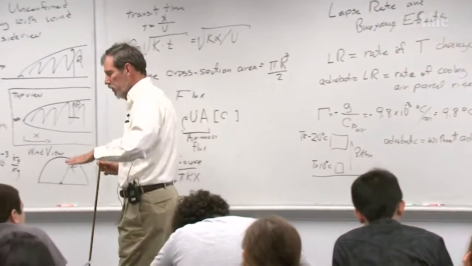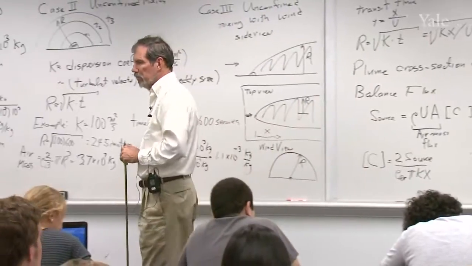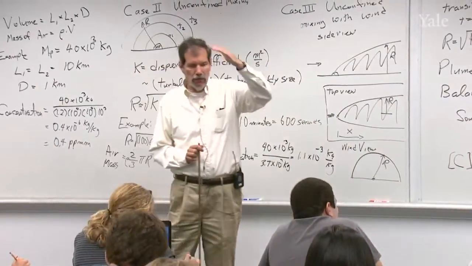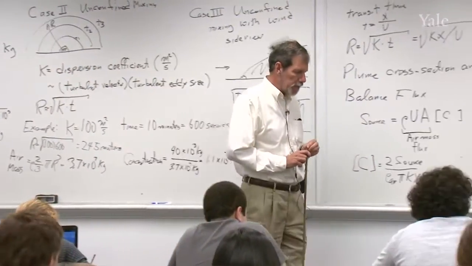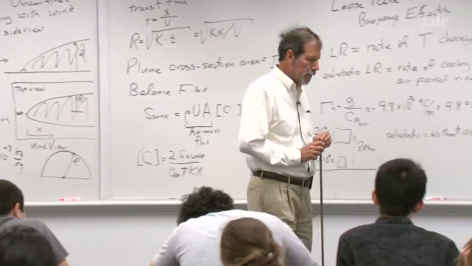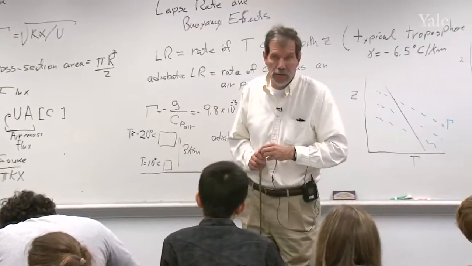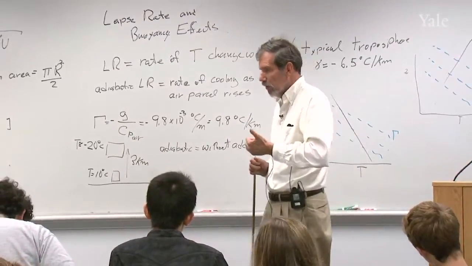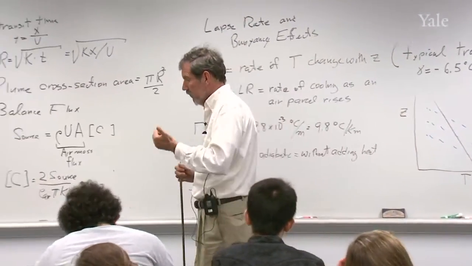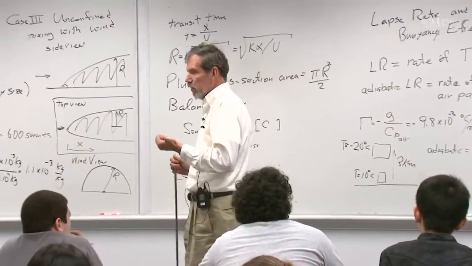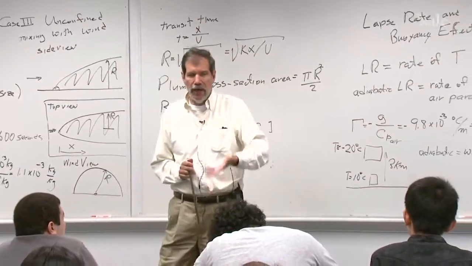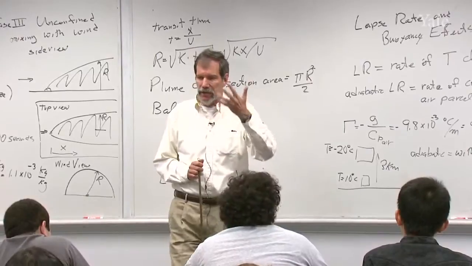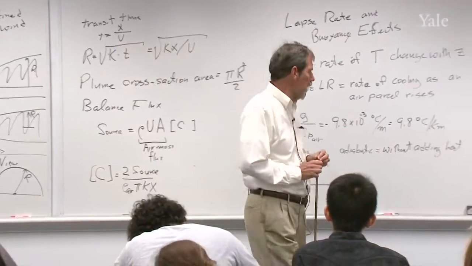If you launch a balloon and get that data back, you have values of temperature with height, and you can define the lapse rate. It has units typically of degrees Celsius per meter, or perhaps degrees Celsius per kilometer. It's basically how fast the temperature changes in the atmosphere as you go up and down.